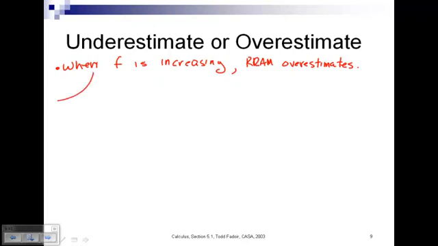And it's kind of like what happened just now. Every time I use the right-hand side to determine the height of the rectangle, there's always this little extra area. So when f is an increasing function, the RRAM overestimates the area under the curve.